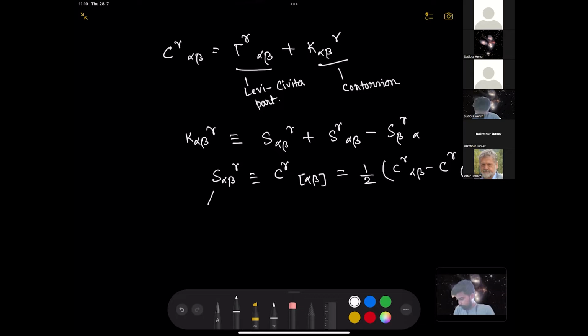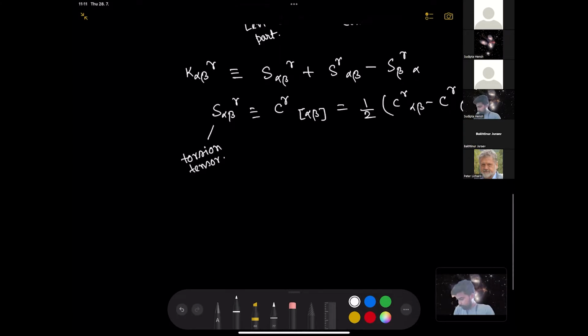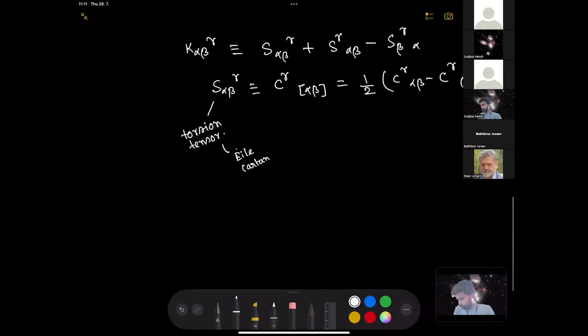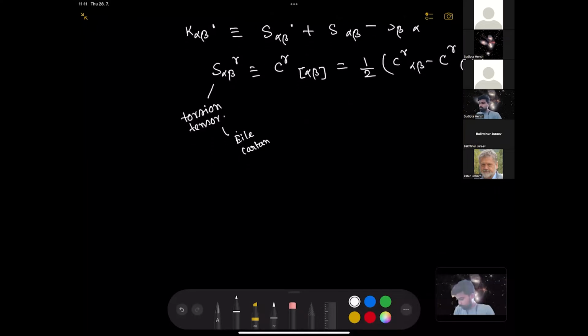S is called the torsion tensor, first introduced by Élie Cartan. So a generic connection can be written as the combination of the Levi-Civita connection plus some contortion tensor. And this torsion tensor is basically antisymmetric in its first two indices. So we can write this.